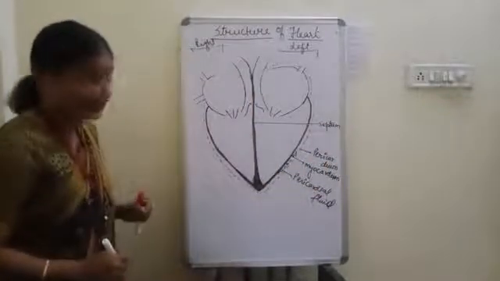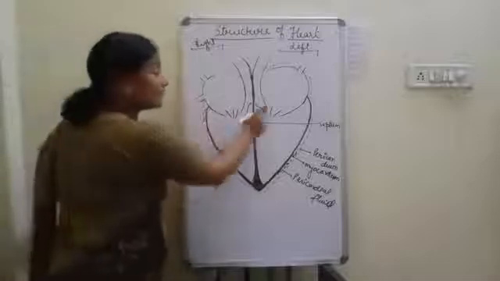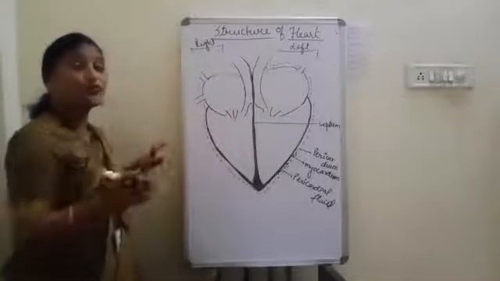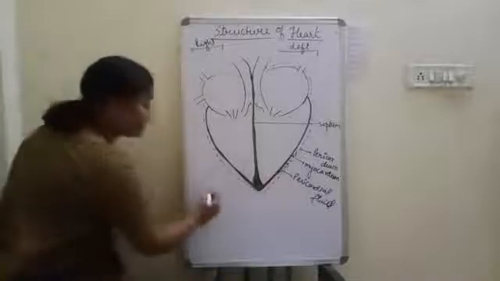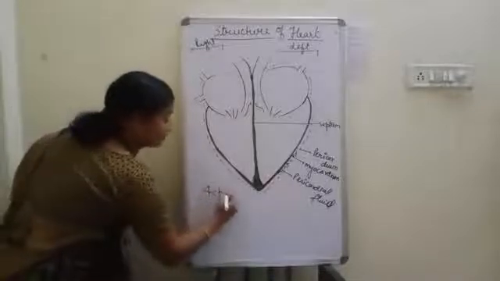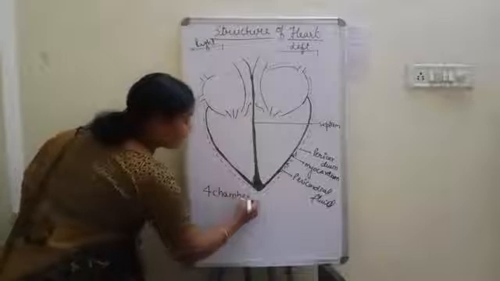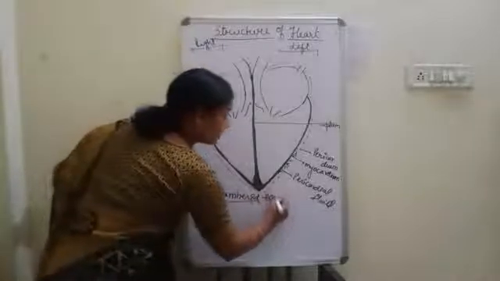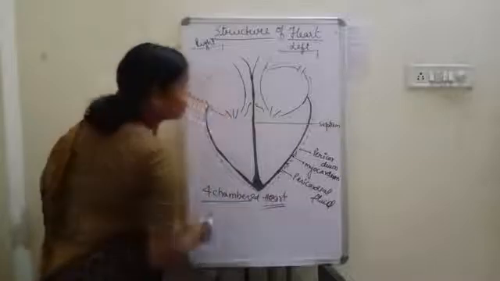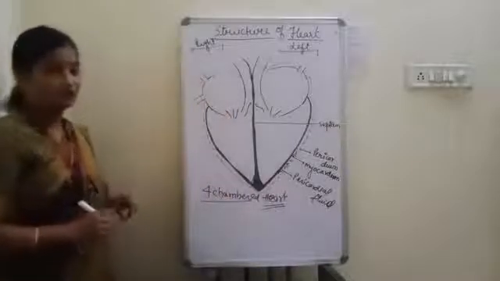Then our heart is divided into 2 more chambers, and altogether there are 4 chambers, so we call it a 4 chambered heart.